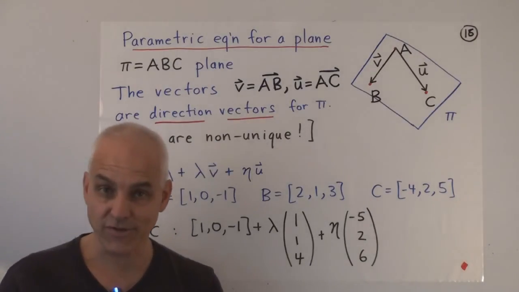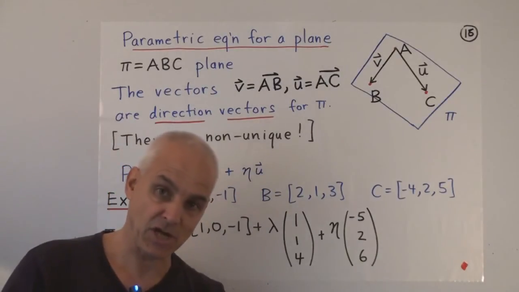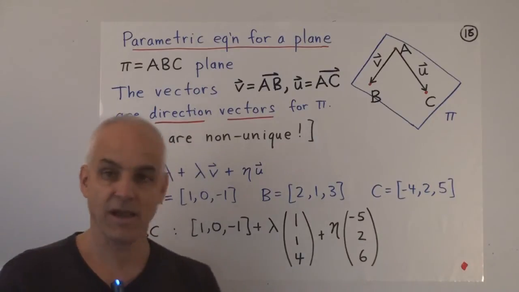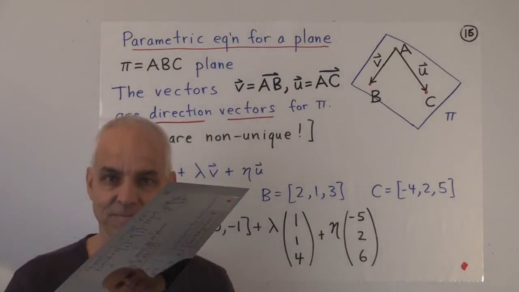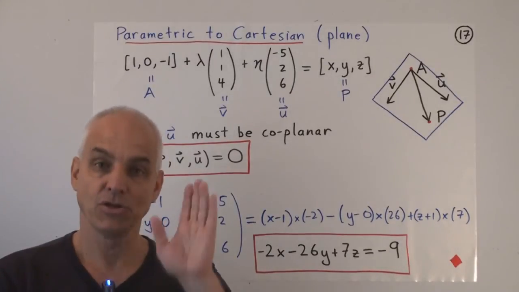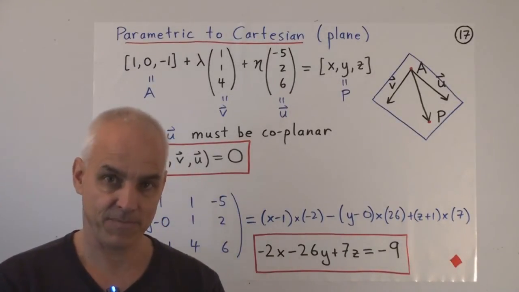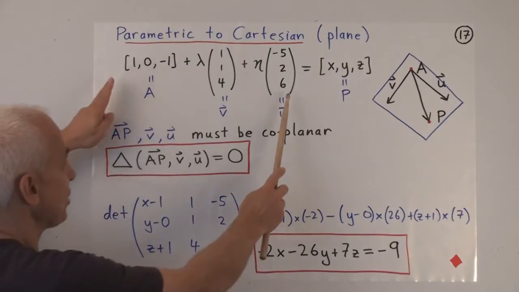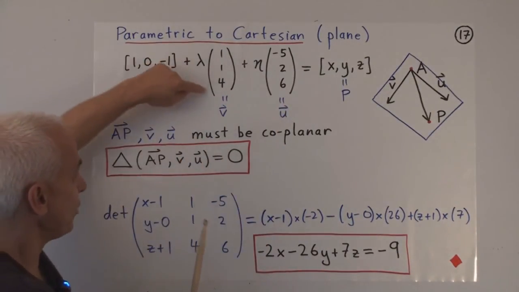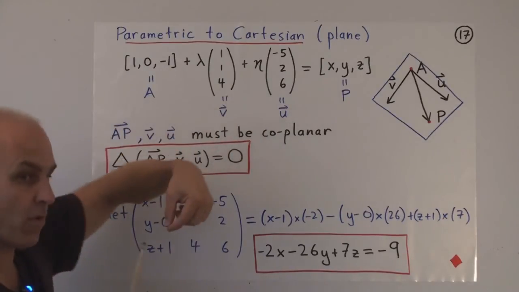Now a natural question is, how do we go from the Cartesian equation involving x, y's, and z's to the parametric equation and vice versa? So first let me show you how to go from the parametric equation of a plane to the Cartesian equation of the plane. The parametric equation of a plane looks like this. It has a reference point on the plane and then two direction vectors for the plane.